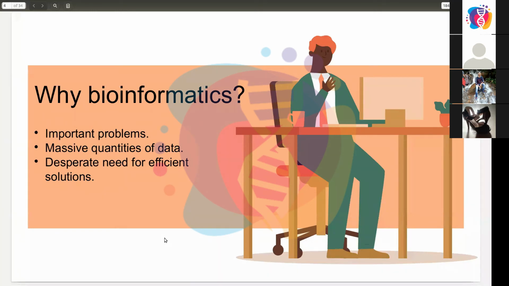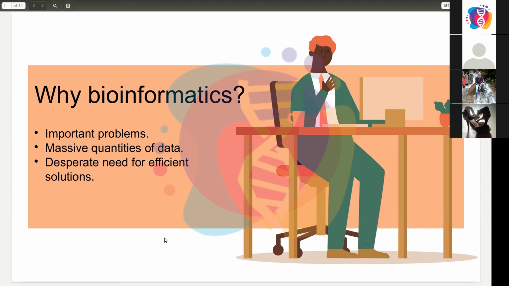There is a massive amount of data which cannot all be validated through wet lab techniques, and that's where bioinformatics comes into the picture, wherein it allows you to generate a proof of concept or even validate your hypothesis to work on. So that is one of the major reasons why we need bioinformatics.